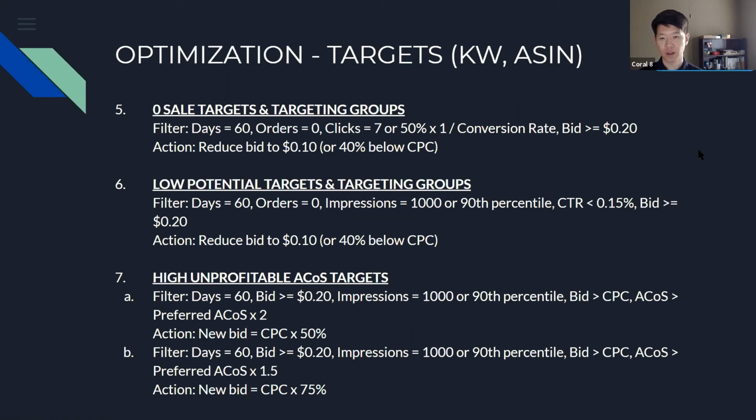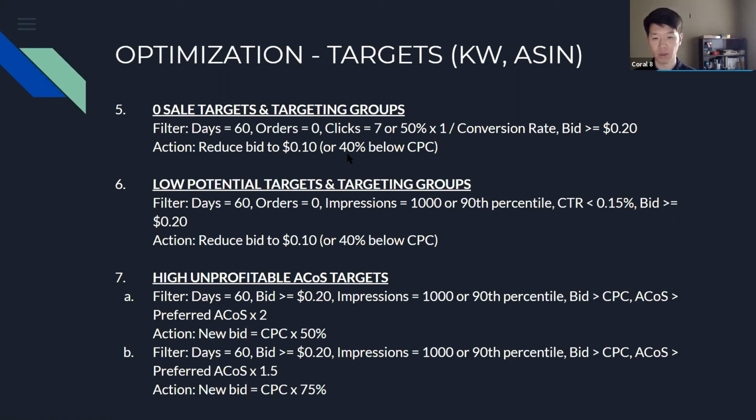So the criteria we use to define a target that is generating zero sales is to look at the last 60 days, see if it's generating no orders but has gotten 7 or more clicks. Then what we want to do is reduce the bid to 10 cents.